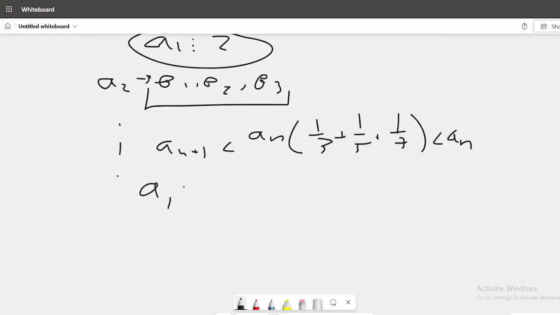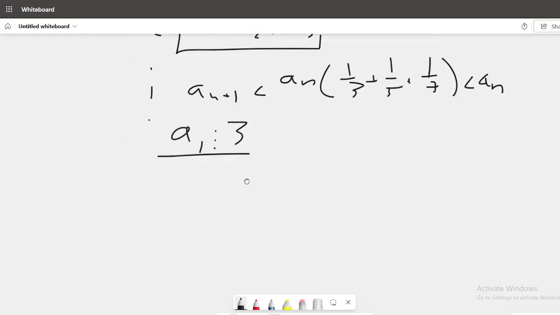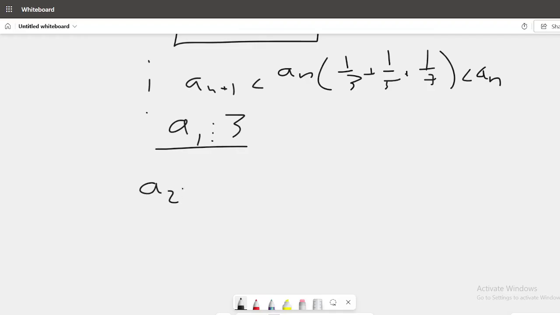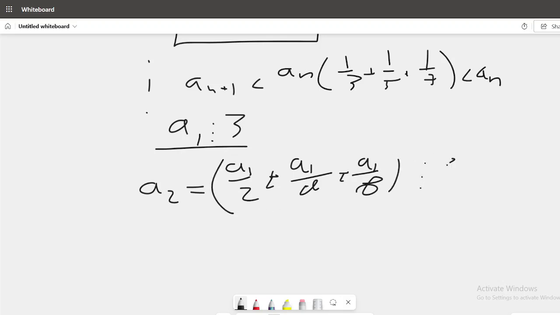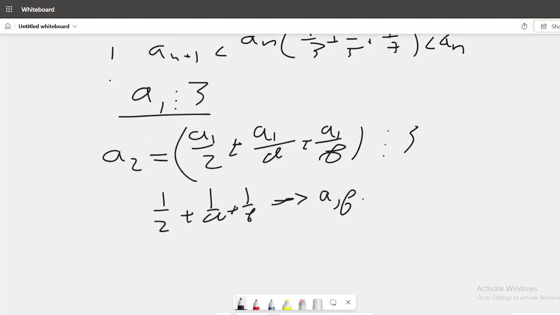Now I claim a1 is divisible by 3. Suppose not. Well, a2 will be a1/2 + a1/a + a1/b for some a and b. Now, this is a contradiction because suppose this is divisible by 3. Then it means that 1/2 + 1/a + 1/b is divisible by 3, following that a and b are congruent to 2 mod 3.